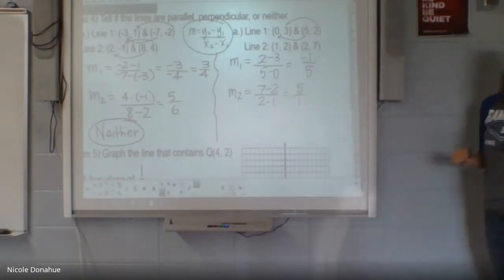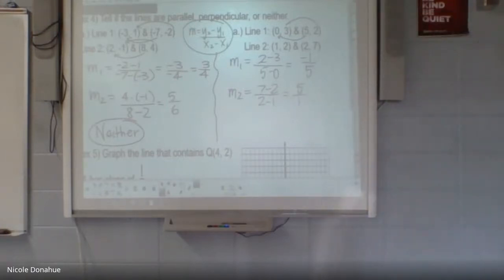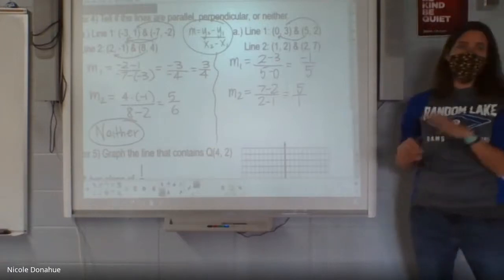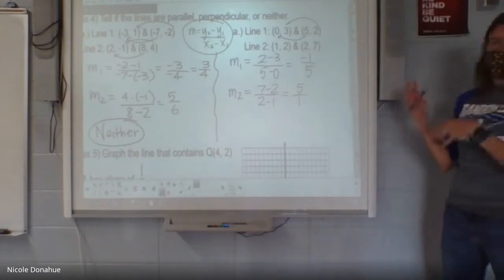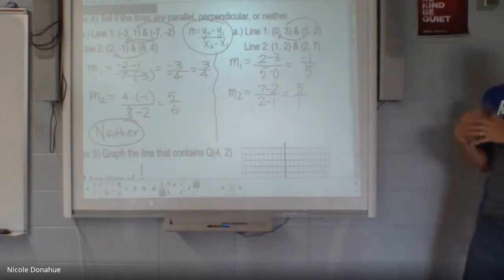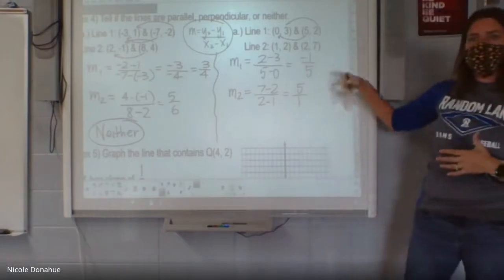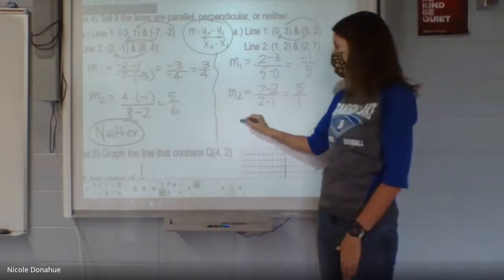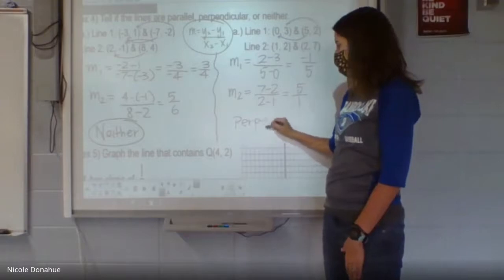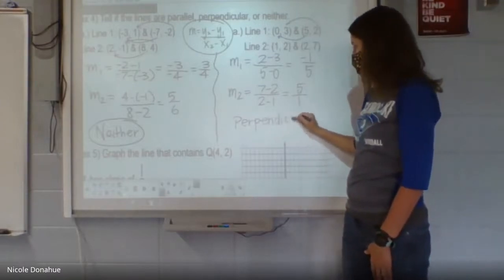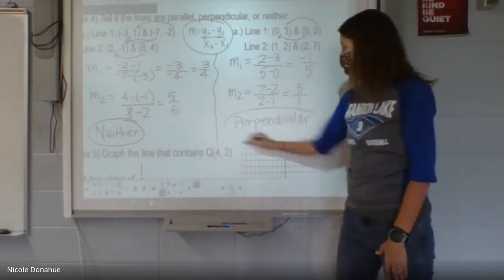So 5 over 1. So these are going to be perpendicular. Now careful, if we needed to simplify, we'd want to do that as well. These you didn't have to simplify, but make sure you do have them simplified as you check these. But these are opposite reciprocals, so they're flipped and the sign is changed. So these would be perpendicular.